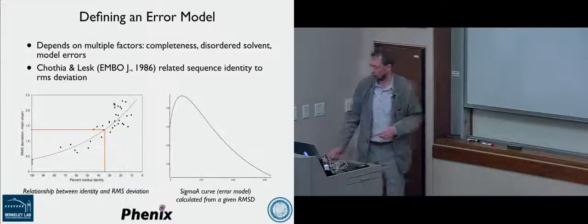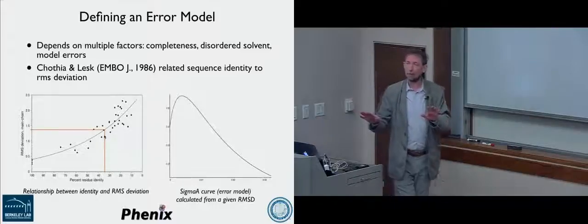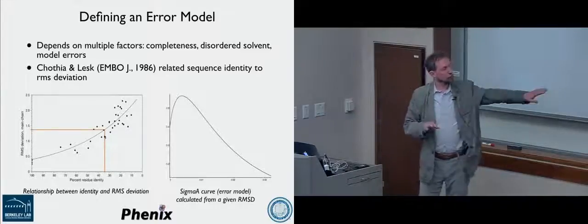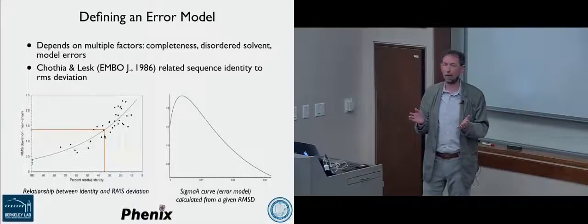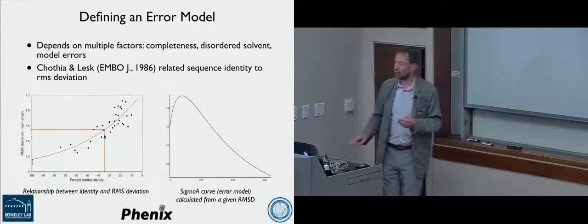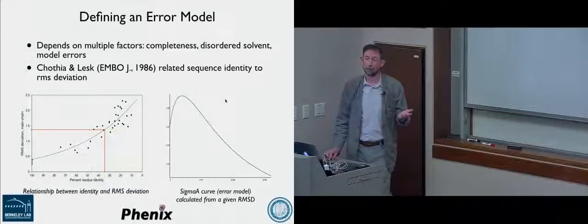So if we have a sequence identity, we can use a graph like this to read off what that relates to in terms of RMS deviation. And then, because sigma A is related to RMSD, we can convert the RMSD into a sigma A curve and use that sigma A in the likelihood function.